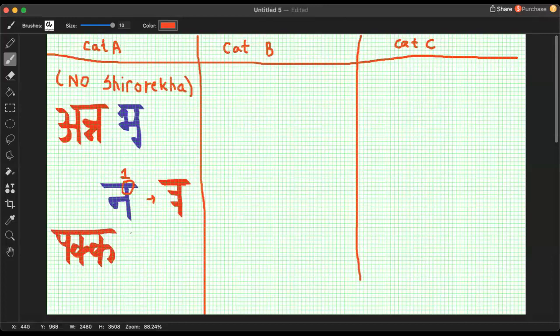In Sharda, we'll first write "pa", and when you're writing "pakka", the "ka" on the top will take a half form, and on the bottom, let me just see which is the right way.